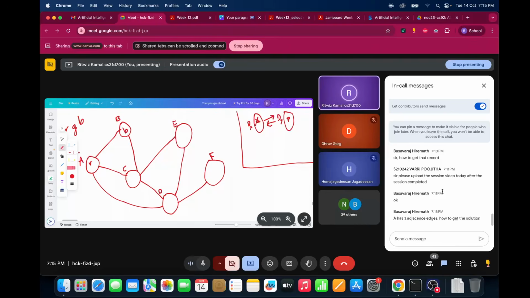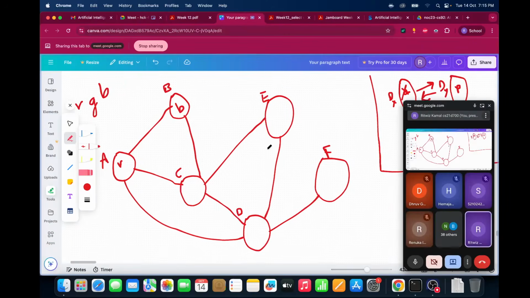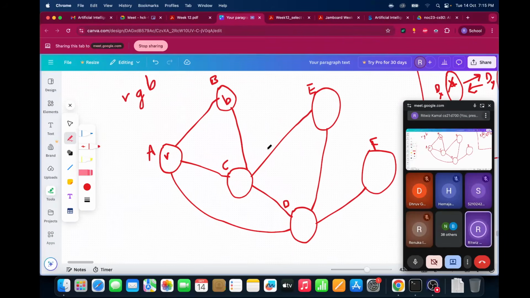Yes, A has 3 adjacent edges, but then those nodes are also connected to some other nodes, right? So that will reduce the domain of the different nodes that you have. I'll give you one hint. Think of it in this way.